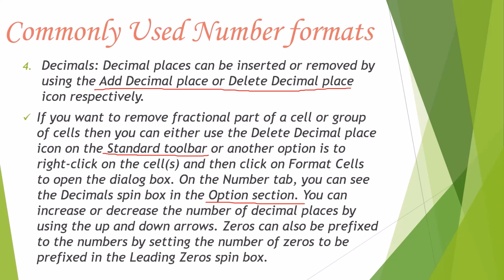Zeros can also be prefixed to numbers by setting the number of zeros to be prefixed in the leading zeros spin box. This means you can fix the number of leading zeros of the number.